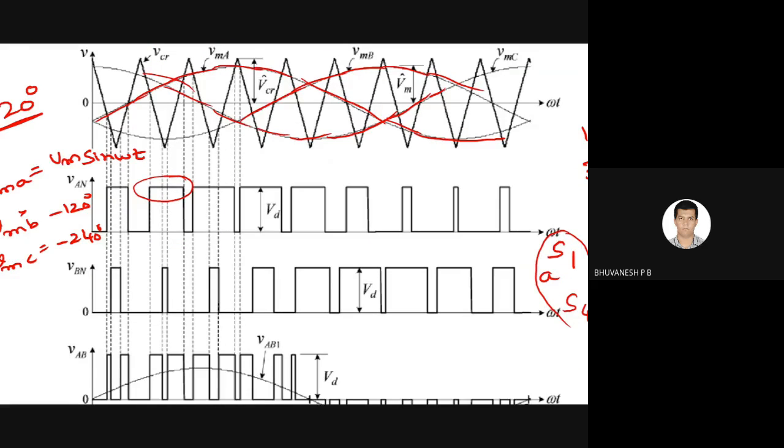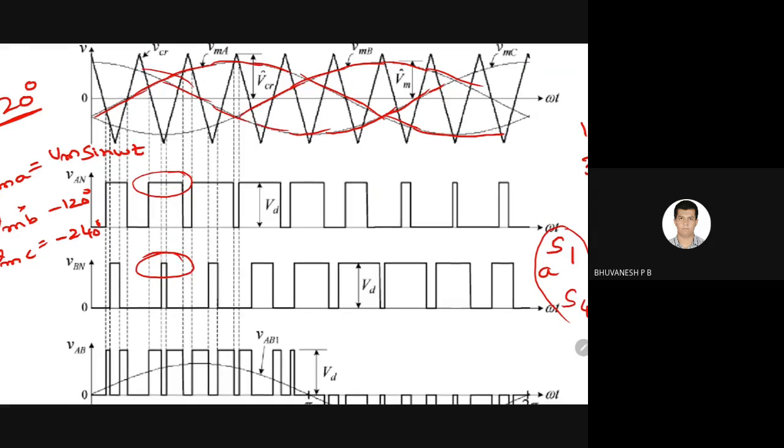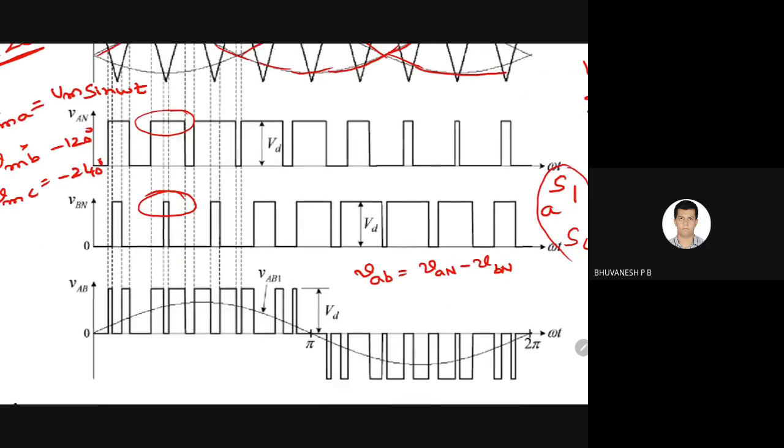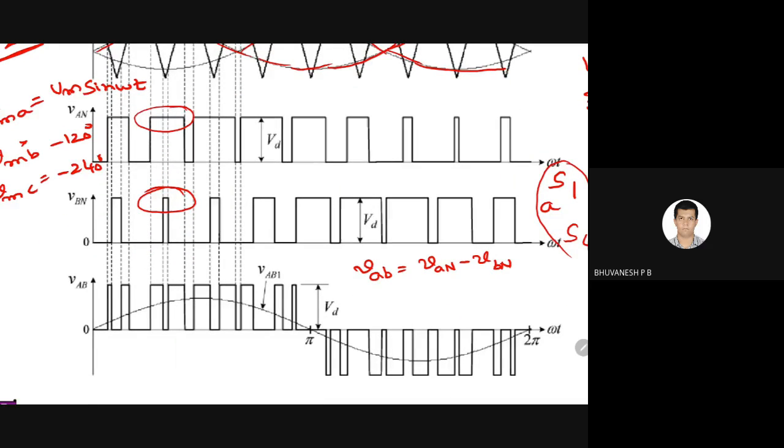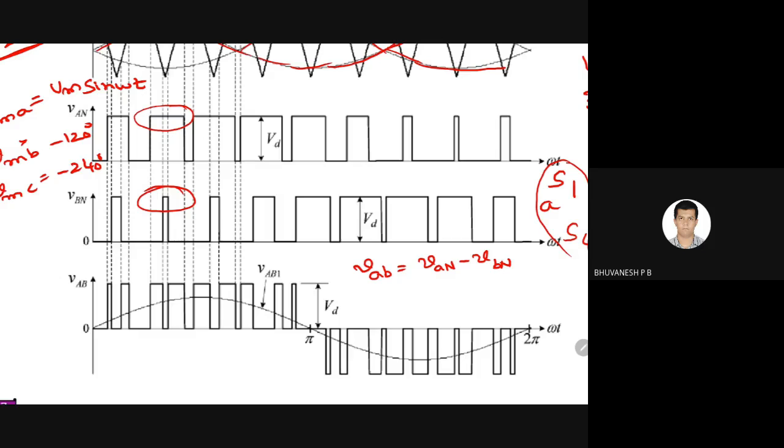Similarly, the B phase modulating signal is compared with the carrier signal, and we have VAB, that is VAN minus VBN, right? We discussed this. So VAB is the subtraction of these two, so we directly subtract VAN and VBN, and you will get this kind of pulse.